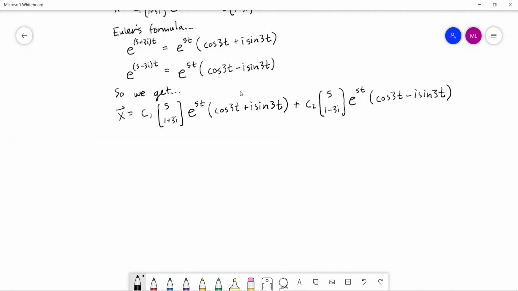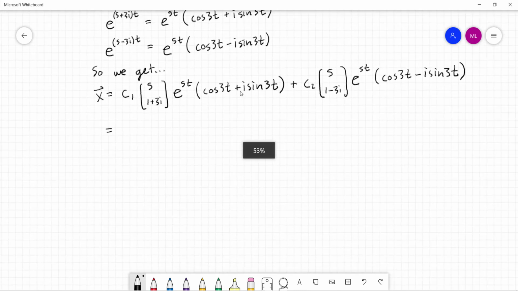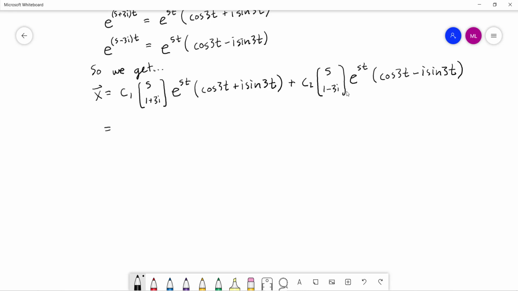What I want to think about is basically writing this as an actual vector, so kind of top and bottom parts separately. I want to group like real and imaginary parts together. So on our top, we're going to have c1, 5e to the 5t times cosine 3t plus i sine of 3t.